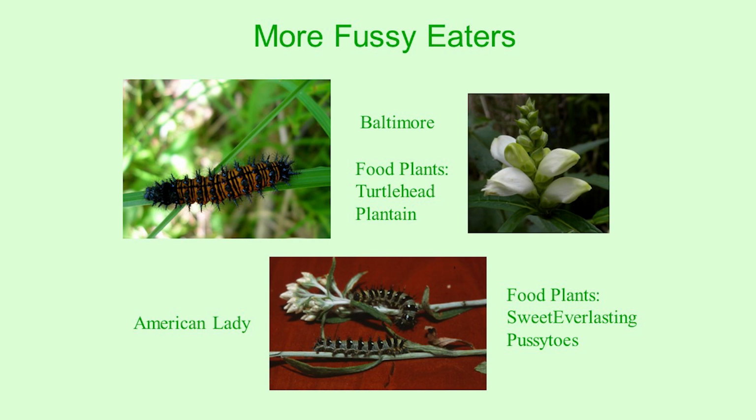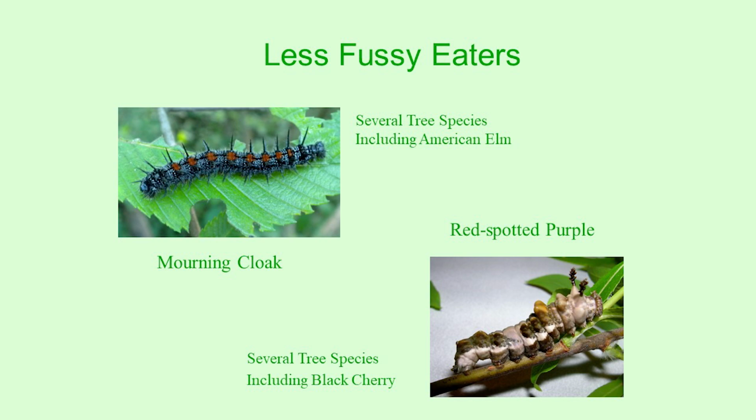Less fussy eaters are, for example, the mourning cloak, which eats several tree species, including American elm, and the red-spotted purple butterfly, which eats several tree species, including black cherry. So they find more species of plants suitable for eating.